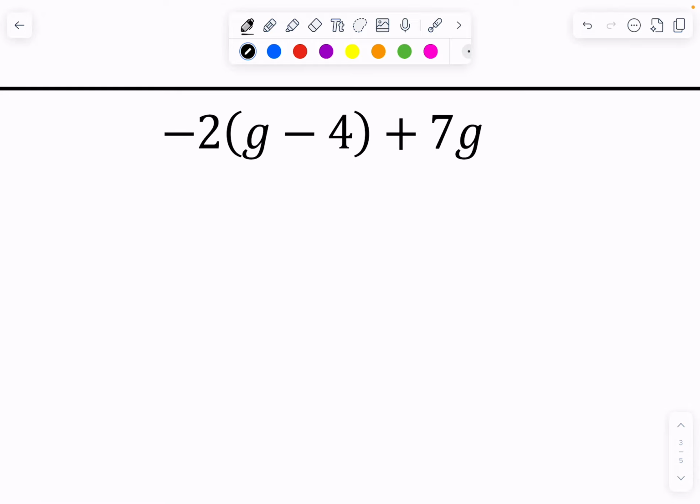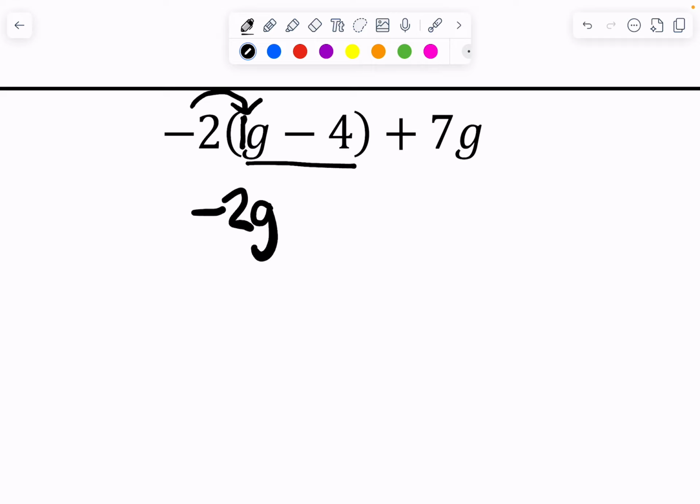This is also similar. We have the distributive property going on, and then we have an extra term out behind it, the plus 7g. So to use the distributive property, the negative 2 is going to get distributed to only what's inside the parentheses. There's an invisible coefficient of positive 1 right now on that g. Negative 2 times 1g is going to be negative 2g.